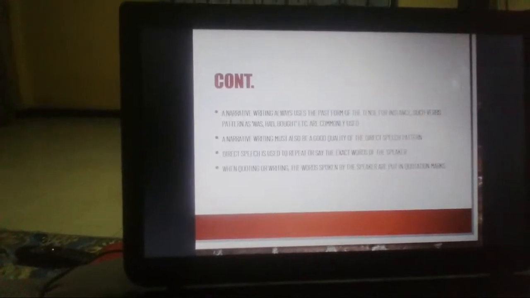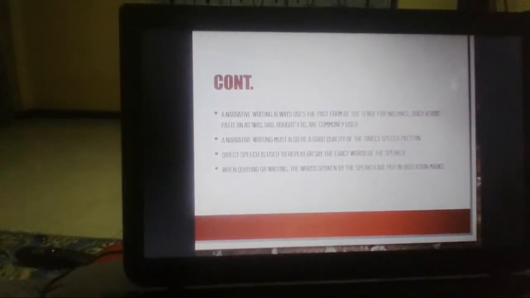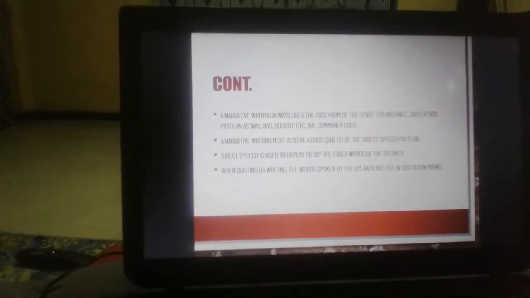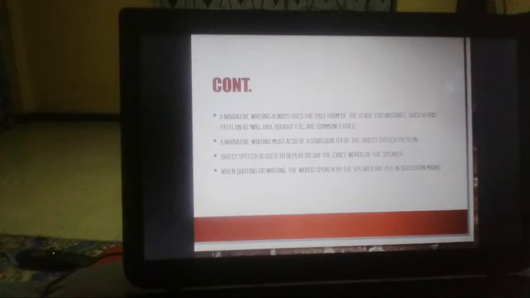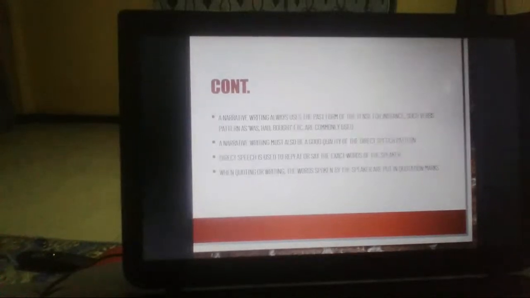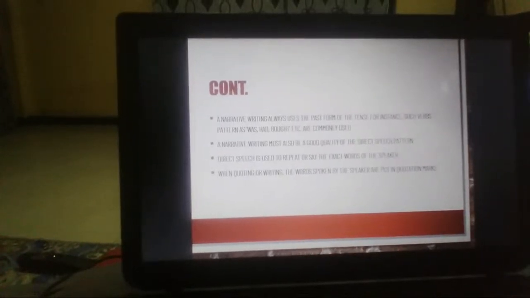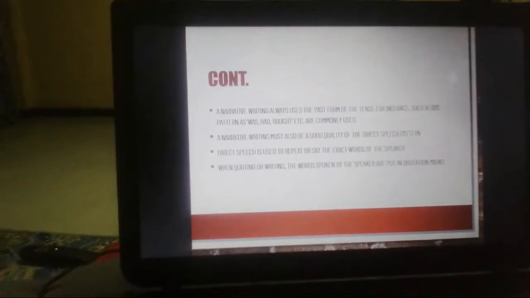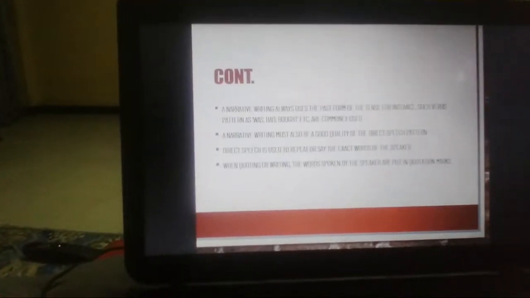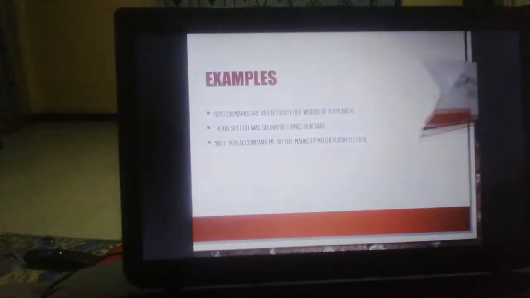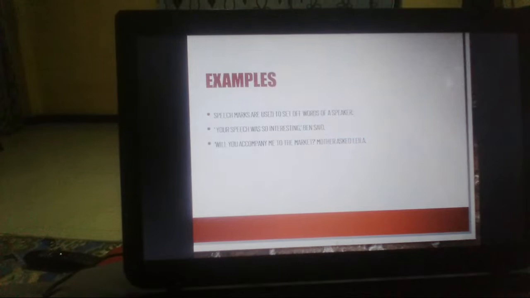Okay? Direct speech is used to repeat or say the exact words of the speaker. The most important thing, when quoting or writing the words spoken by the speaker, is that they are put into what? Quotation marks, to indicate these are not your words, but are words that are spoken by someone else. And we have some examples here.